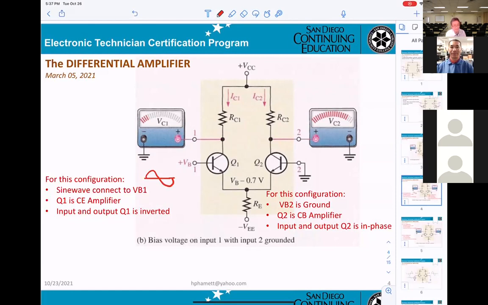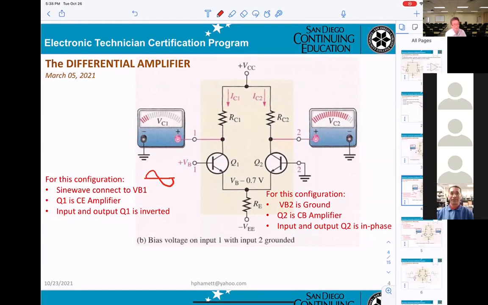You already learned the bipolar transistor amplifiers: CE amplifier, CB amplifier, CC amplifier. So now when I connect the sine wave into VB1, then Q1 will be what amplifier? You say CE, right?